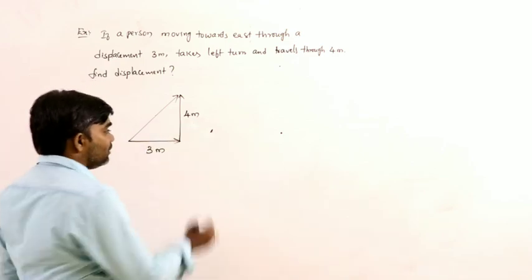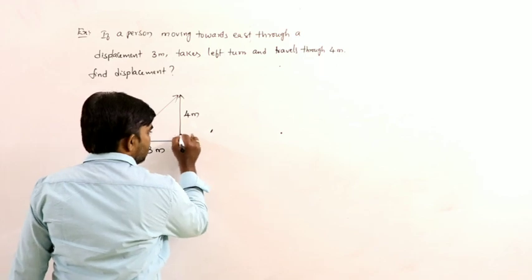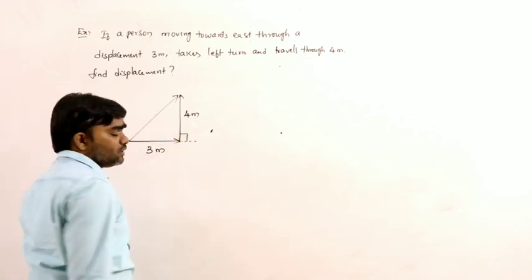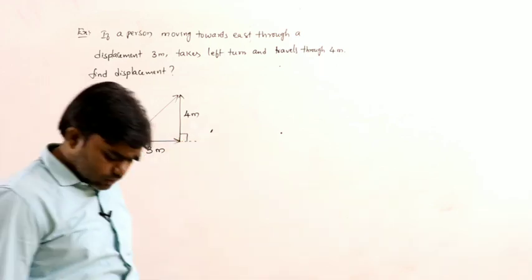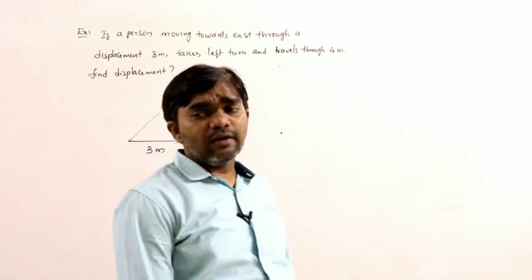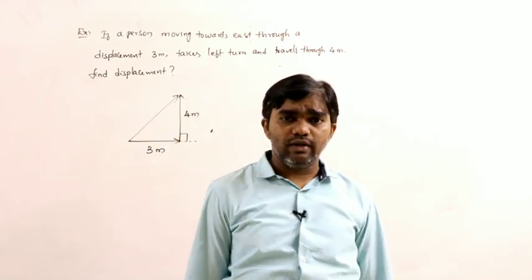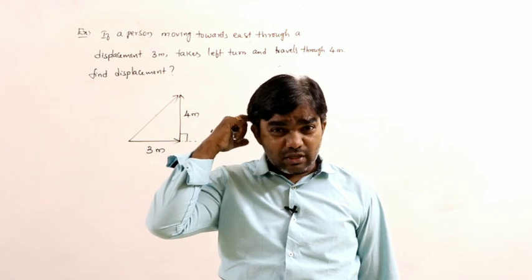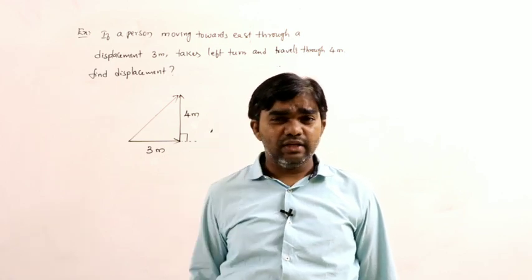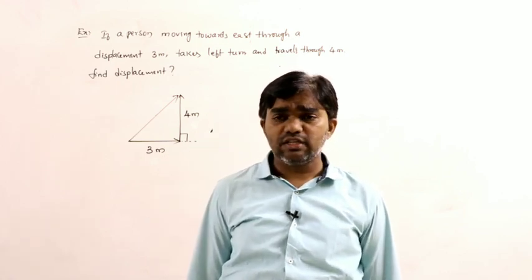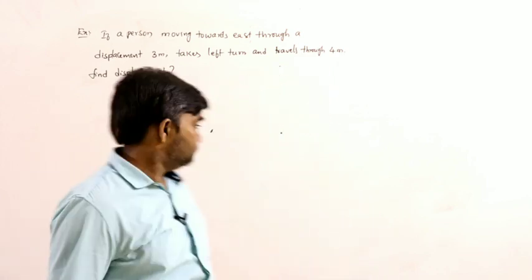What is the angle between these two? 90 degrees. If two vectors are mutually perpendicular, what is the resultant formula? Square root of p square plus q square.